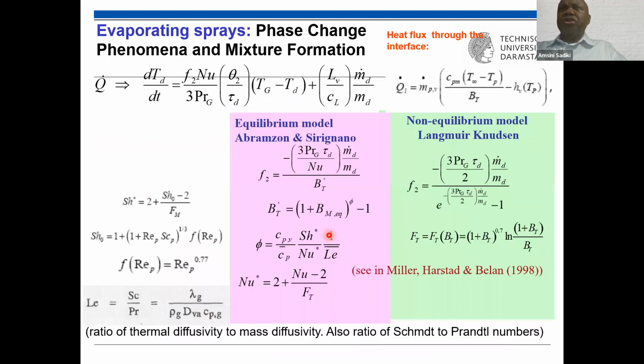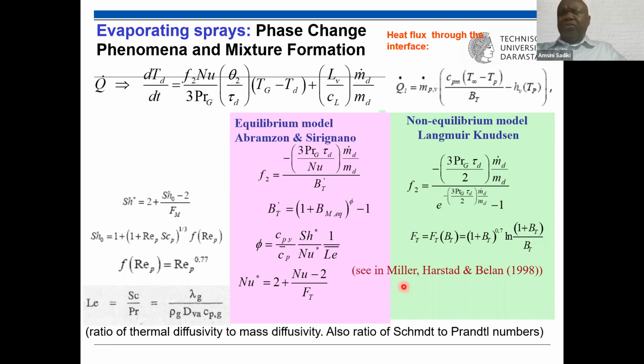For the equilibrium model we have this expression for F2, and this one for the non-equilibrium model. The expression for the heat transfer is obtained as we had here.